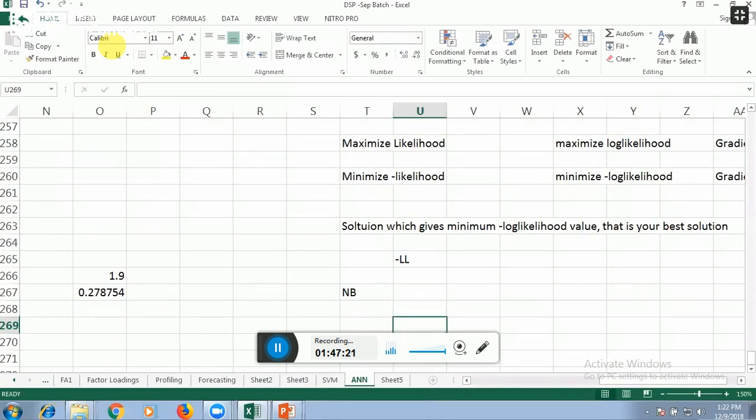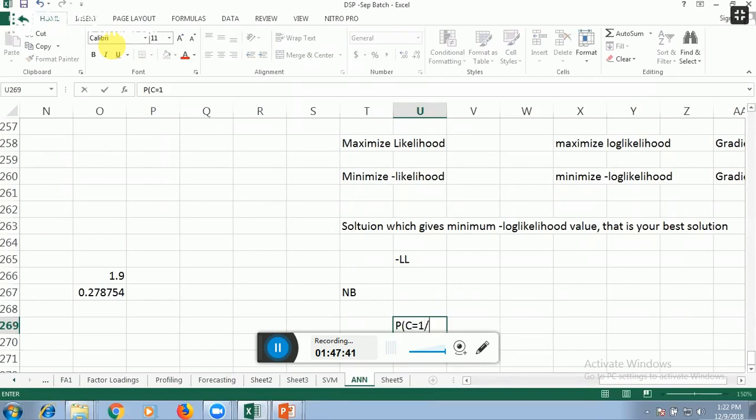Posterior probability and prior probabilities. What is the posterior probability? Probability of class given x.